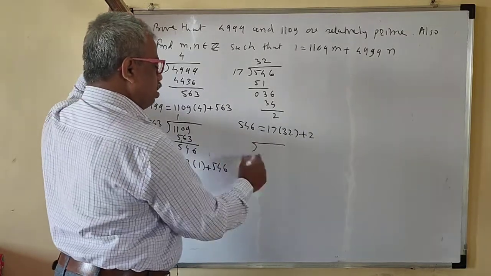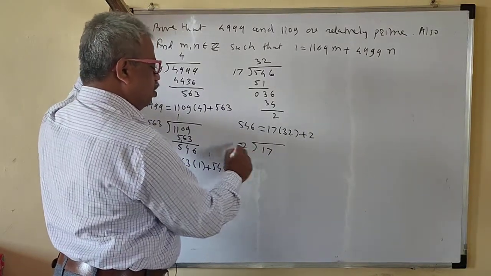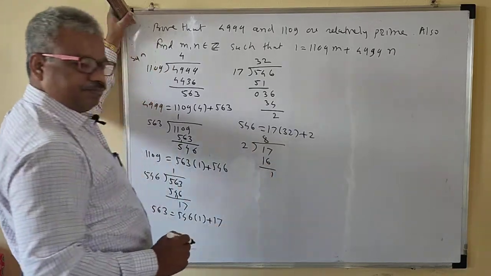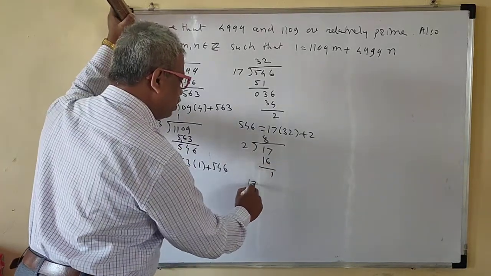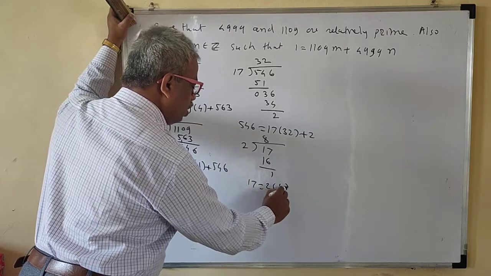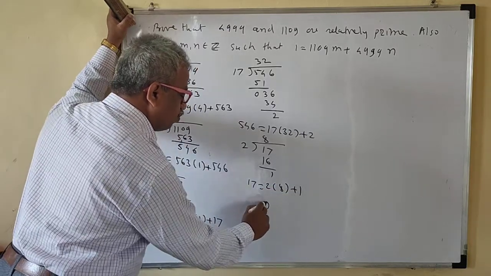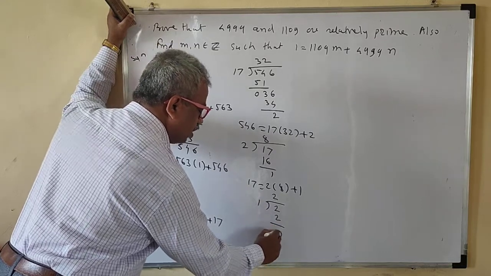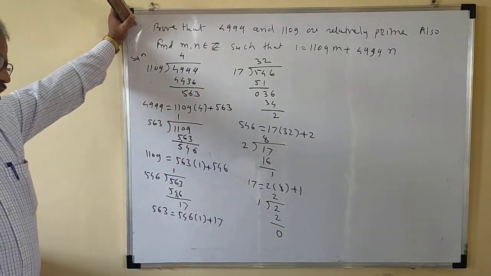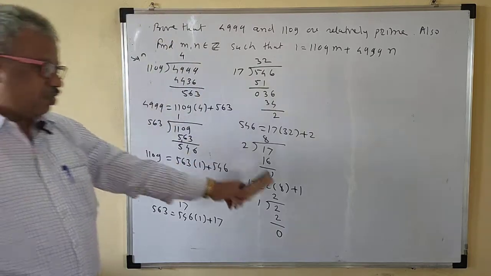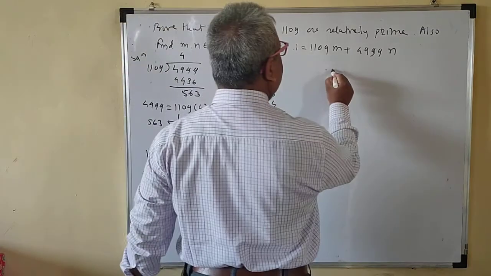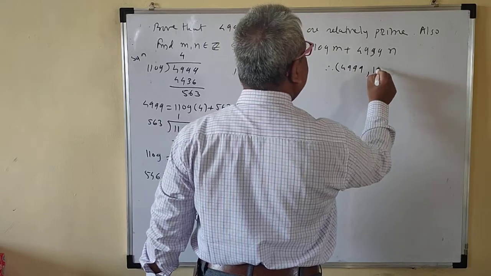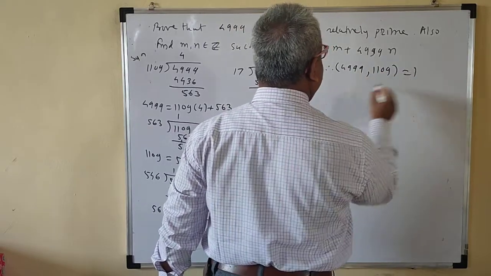Then 17 will be here, 2 will be here, then this is 16, 1 will be here. So 17 is equal to 2 into 8 plus 1. Then 2 will be here, 1 will be here, 2 here, the remainder is 0. So what is the last remainder? It is 1. So therefore the GCD of 4999 and 1109 is equal to 1.